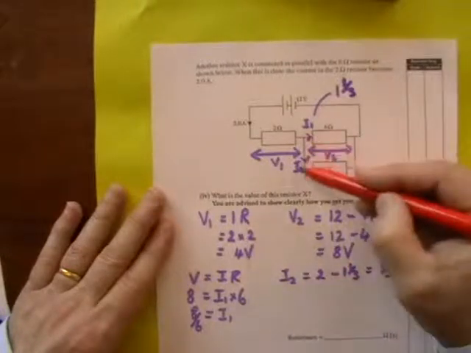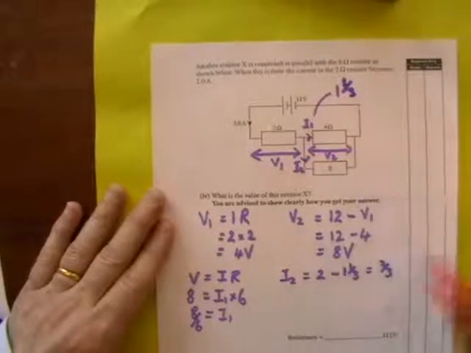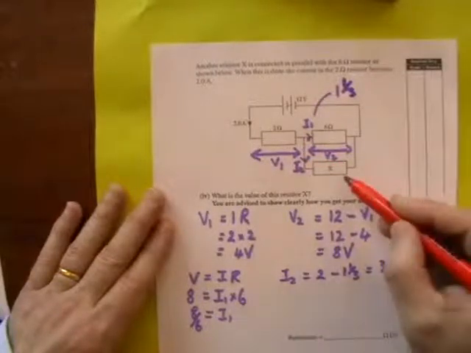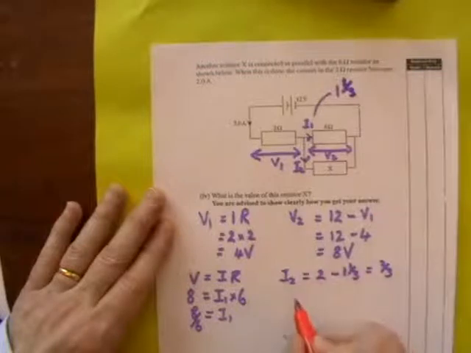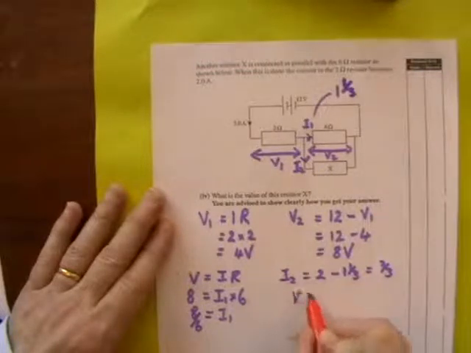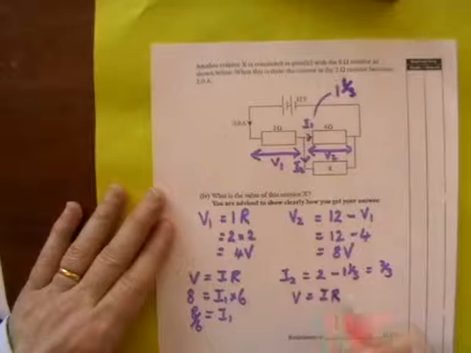So we have 2/3 of an amp coming down through here, and now for this resistor on its own, V equals IR, and this is the resistor X that I'm looking for.